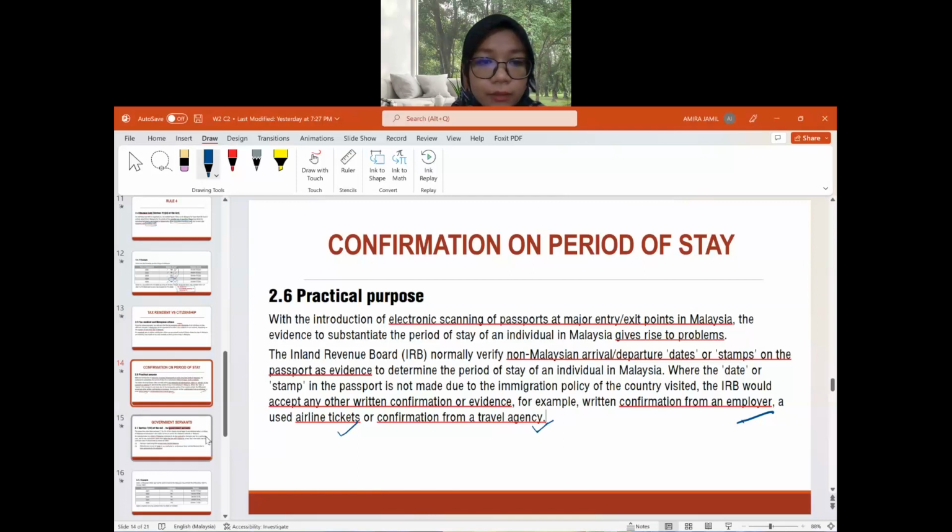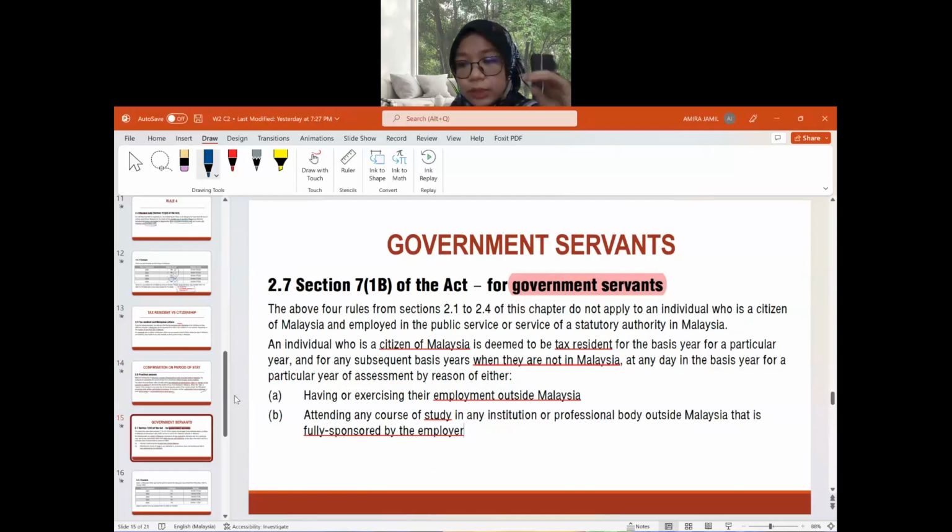Okay, so the four rules are applicable to non-government servants.